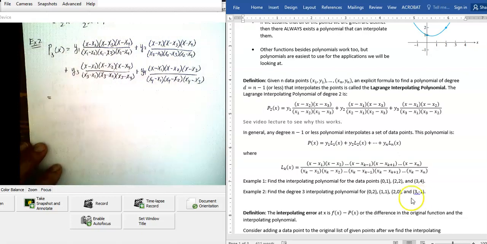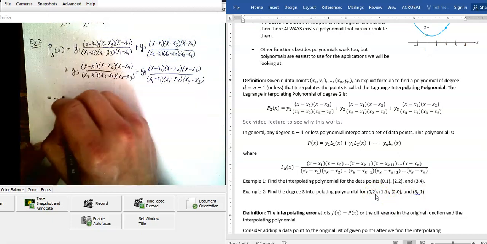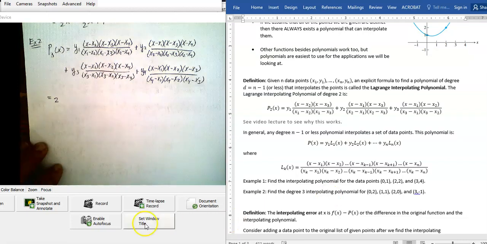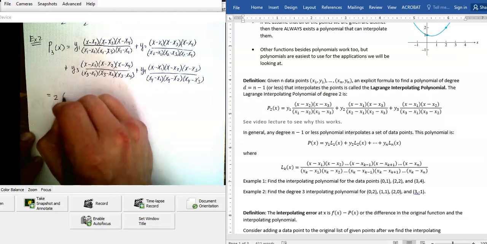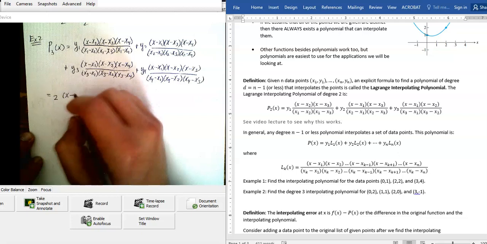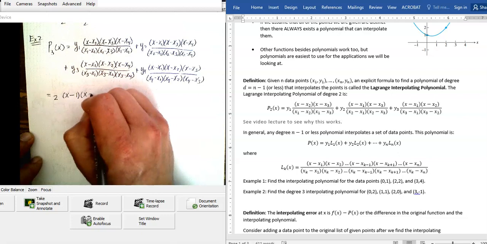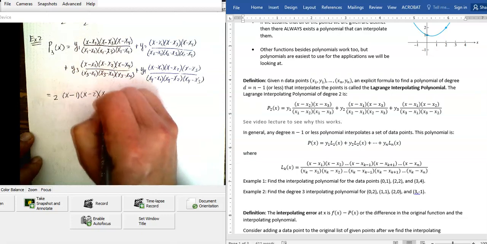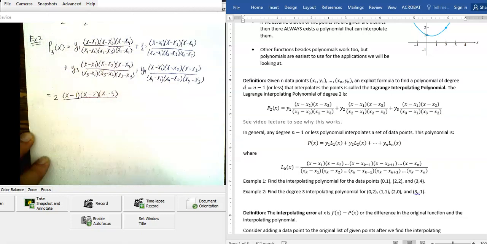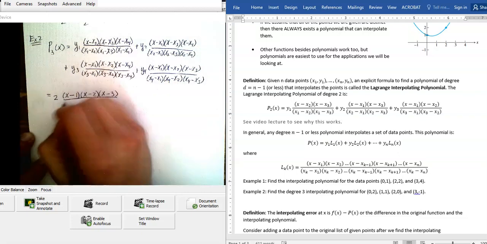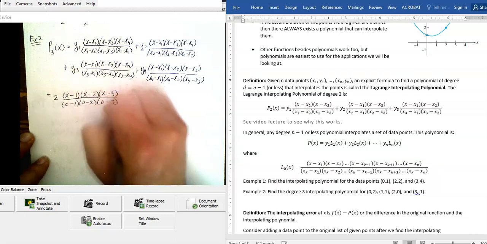All right, our y1 is 2 times x minus x2, that's 1, x minus x3, 2, x minus x4, which is 3. All over, let's just plug in our x1, so 0 minus 1, 0 minus 2, 0 minus 3.